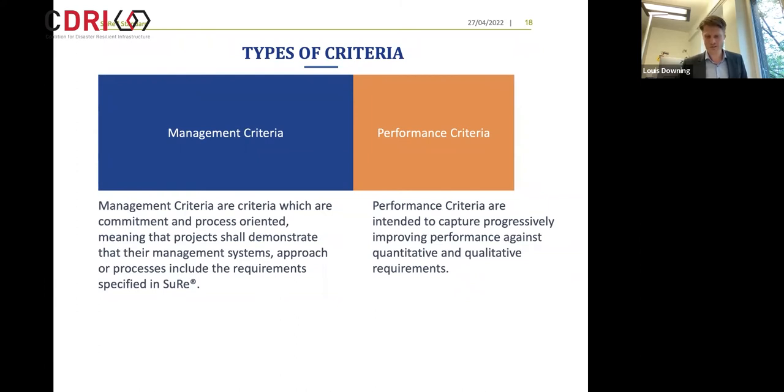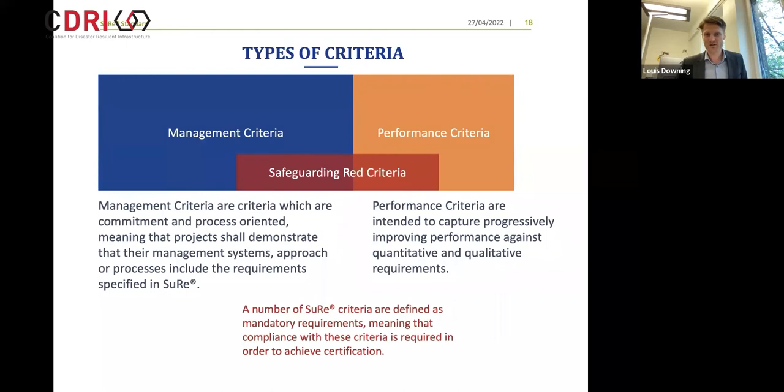So measuring, for example, the amount of water being used, or the amount of greenhouse gas being emitted by an infrastructure project. And then cutting across both of them, there's a set of safeguarding red criteria. So these are criteria that can't be opted out of, that any project seeking certification under the standard needs to comply with those red criteria. So those are the three types of criteria.